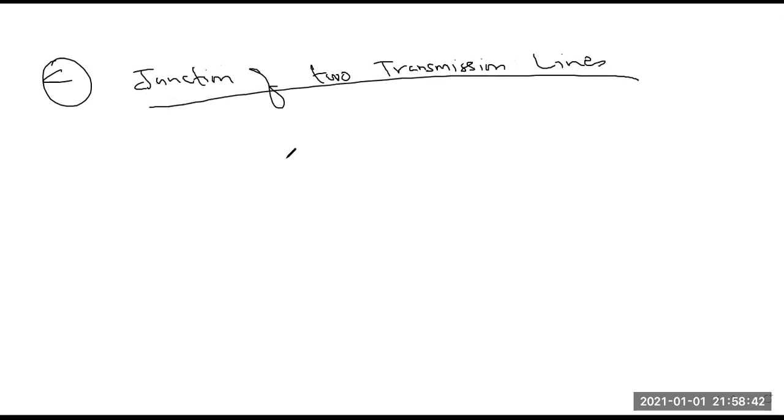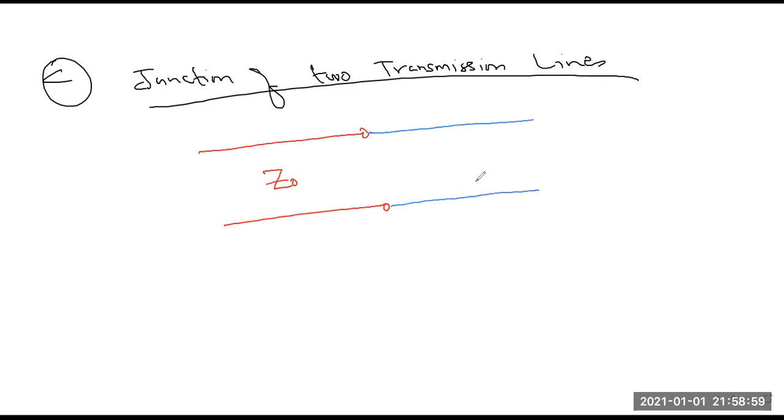So now what is the situation? We have one transmission line. Let's say its characteristic impedance is Z0. And then we have connected it with another transmission line at this point.